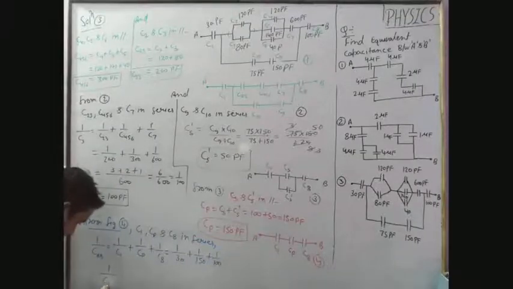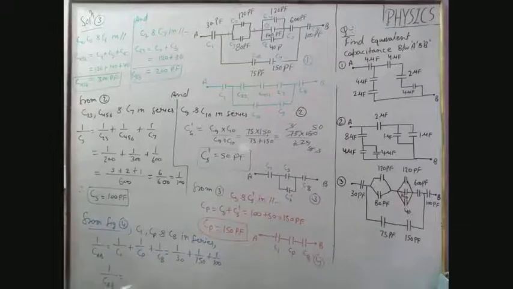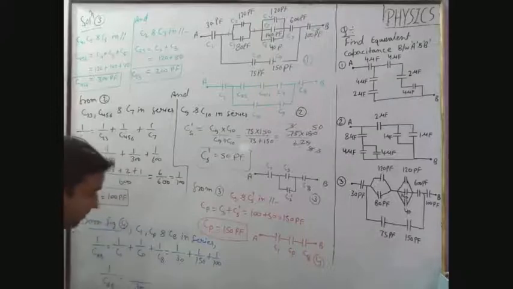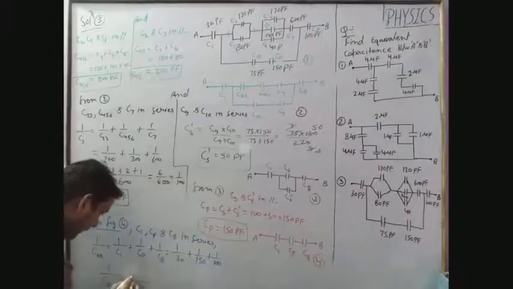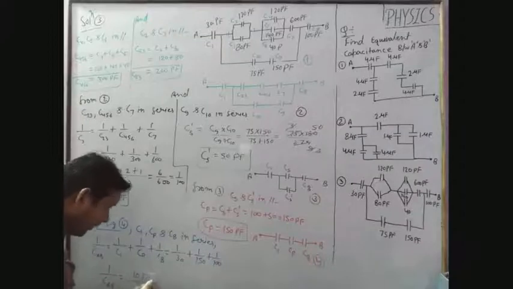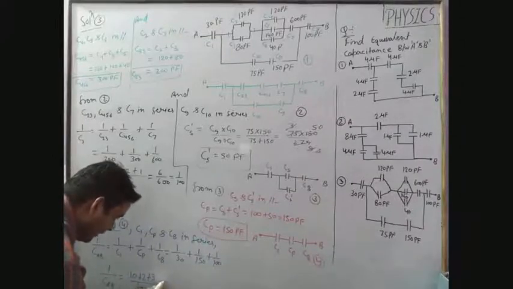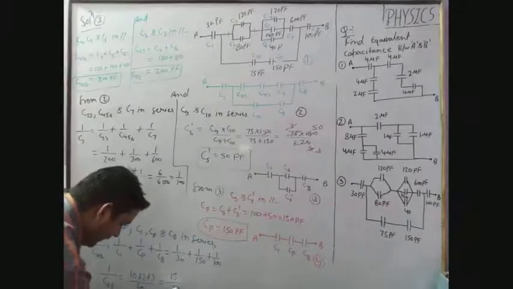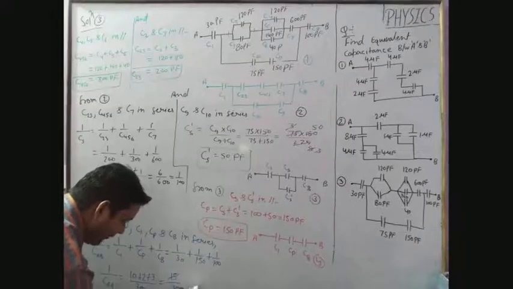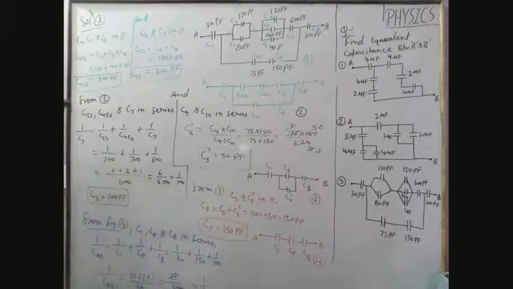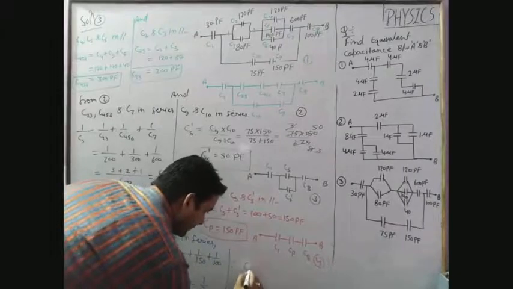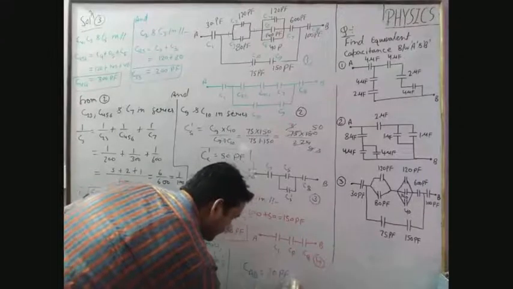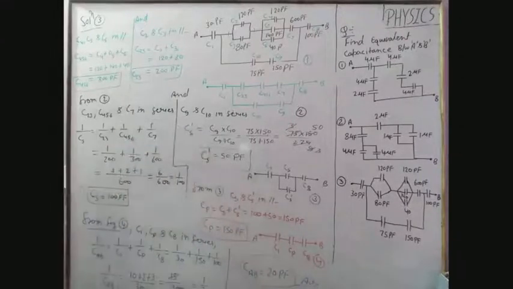Therefore 1 upon CAB is equal to, as LCM we have 300. For 300 multiply here 10, here 2 and here 3. This you will calculate that 15 by 300, which is cancelled by 15 times, which is 1 upon 20. Therefore CAB is equal to 20 picofarad. This is your final answer.